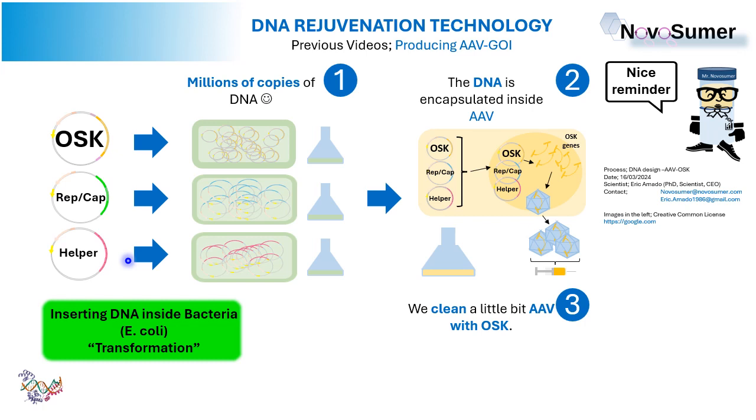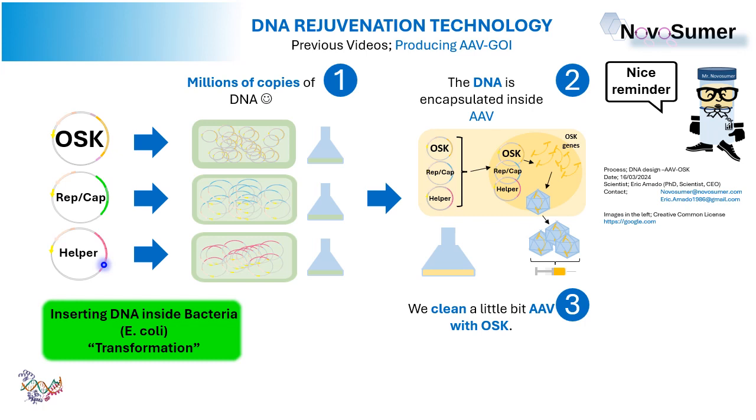You understood all the DNA involved in producing EV with OSK inside. The three DNAs: the DNA with OSK genes, the DNA with the RepCap genes, these ones are necessary to produce the EV particles, and the DNA with the helper genes, the genes that are helping in the process.